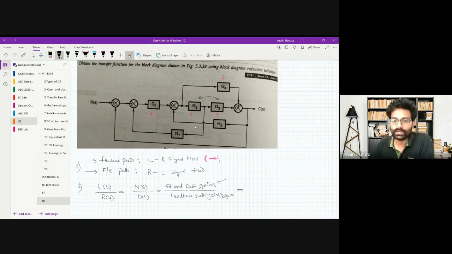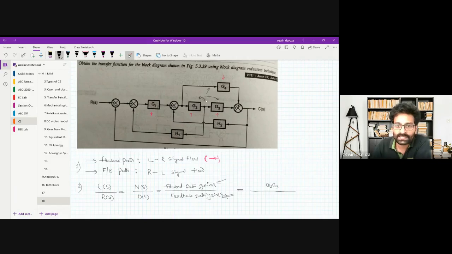Over here, what you can see is that G2 and G3 are connected in cascade, with the exception that there is a takeoff point from them. Just ignore that takeoff point, because we will consider it while identifying the feedback path. G2 and G3 are connected in cascade, so you can directly write G2 into G3.